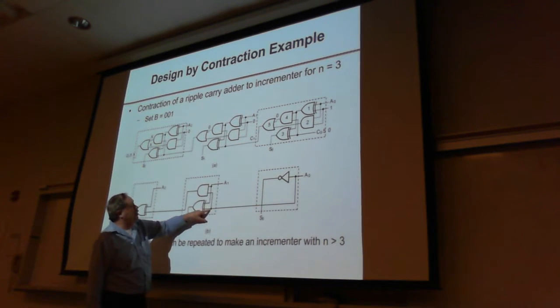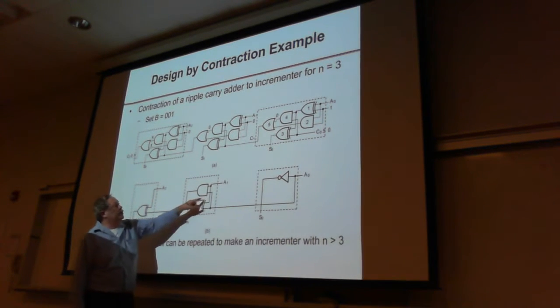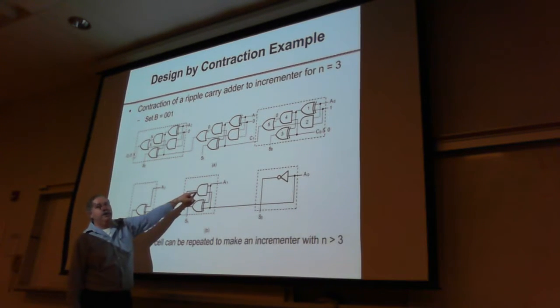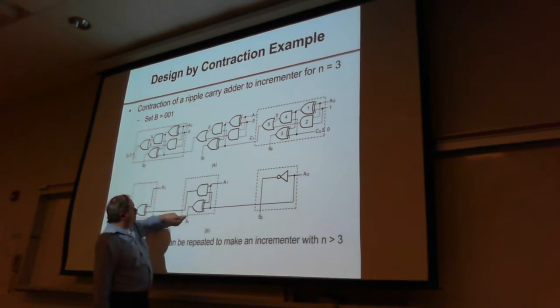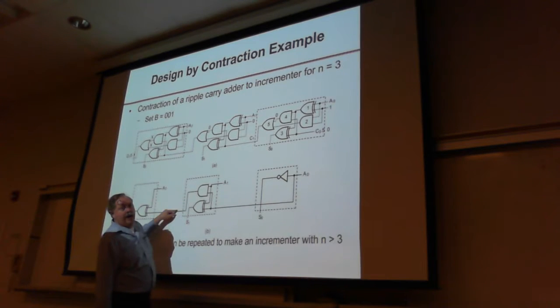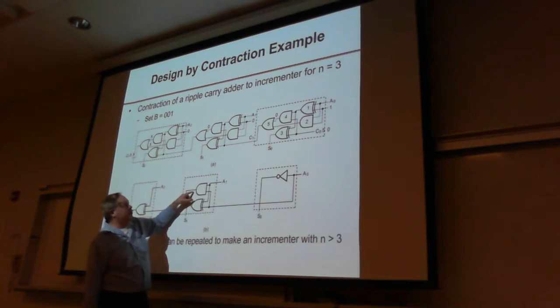So I have 0 here, and I add 0 here. I have 0, 0. 0 and 0 is going to generate a 0, which is exactly what you would think for carry out, right? 0 and 0 is not going to generate a carry bit.